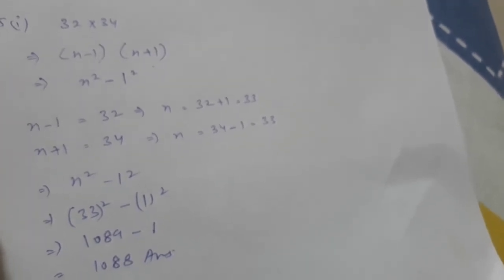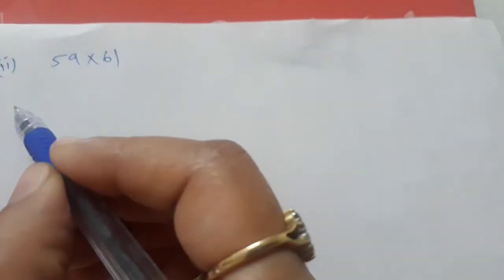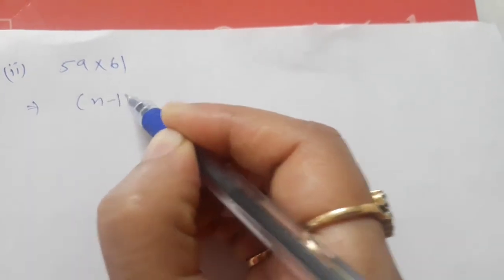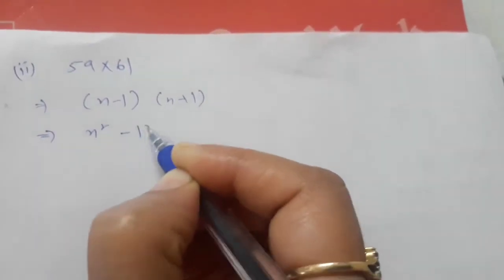Now come to the second part of question number 5. So in our second part, 59 into 61 are the numbers which are to be multiplied. So what would be the formula? N minus 1, n plus 1, that is n square minus 1 square.